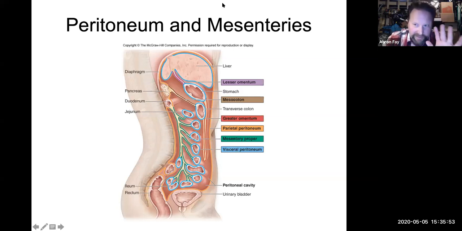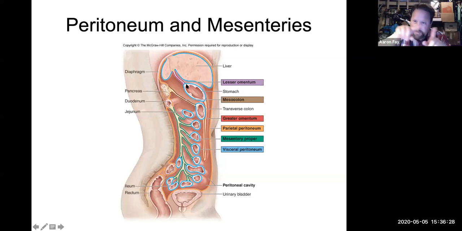Now here's where it gets complicated. That parietal layer is in contact with the body wall. The visceral layer is where it gets confusing. So right here, this blue is the visceral layer of the peritoneum in contact with the liver. One goes on the anterior side, the other membrane covers the posterior side. Now here, these two layers of the visceral peritoneum come together, and they're going to extend and reach towards the stomach.